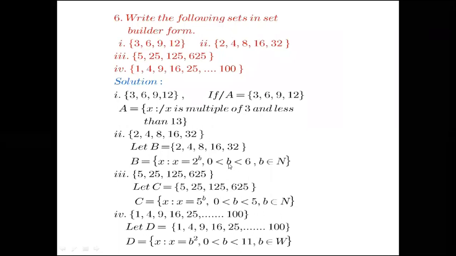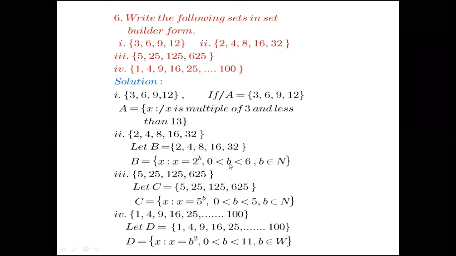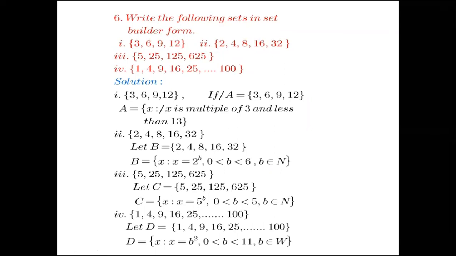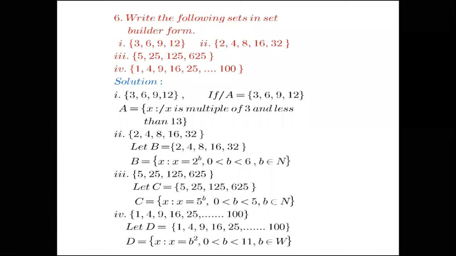Means b values should be 1, 2, 3, 4 and 5. So 1, 2, 3, 4, 5 means what type of numbers are those? Natural numbers. So we have written the condition that b belongs to N. B belongs to N means b should be natural numbers.